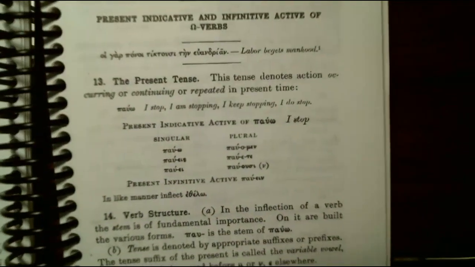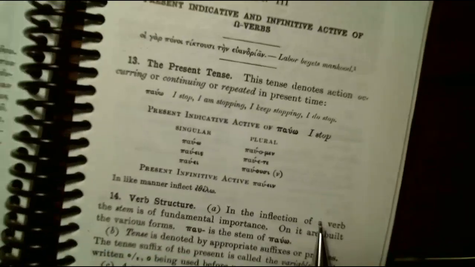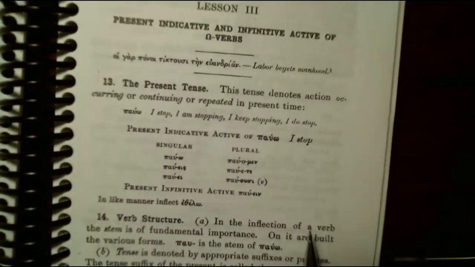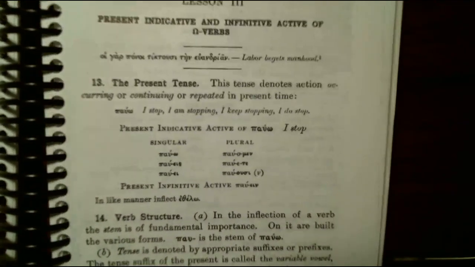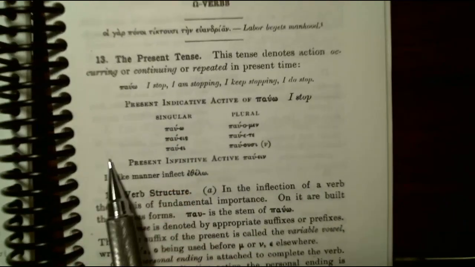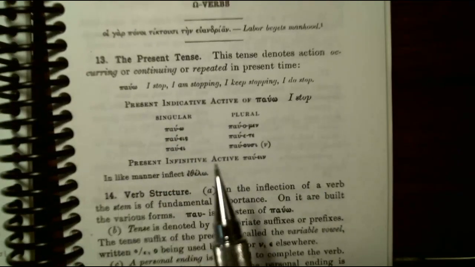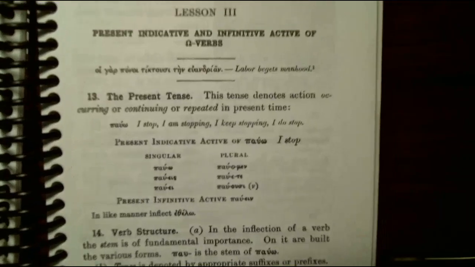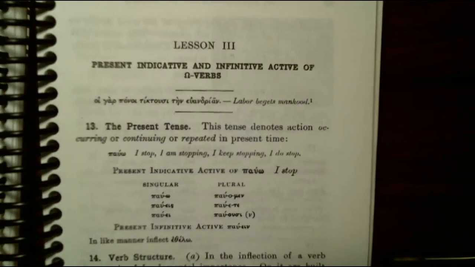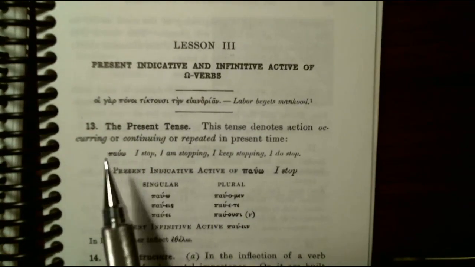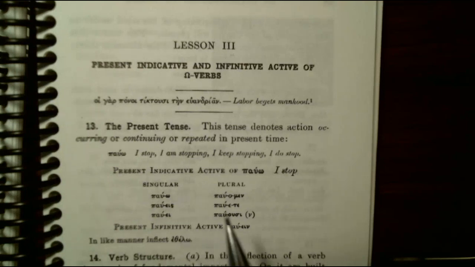Here we're up to 13. In the exercises, it was 12 on page 6, and then on page 7 we're now on 13. So the numbering for the paragraphs runs cumulatively through the whole book. Small detail, but all grammars are set up that way.